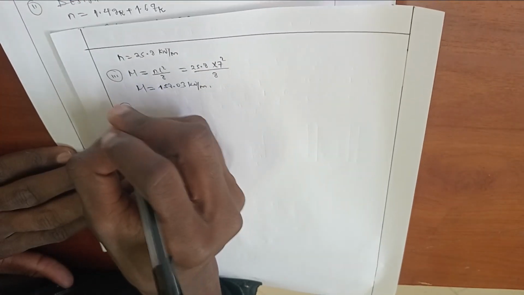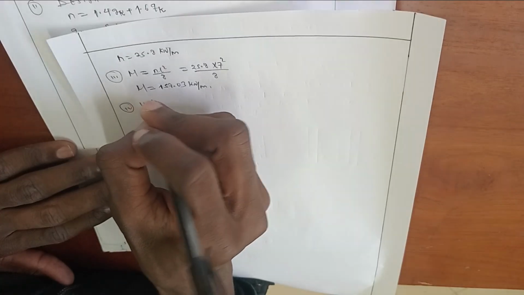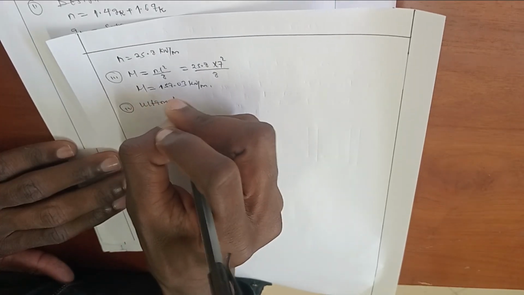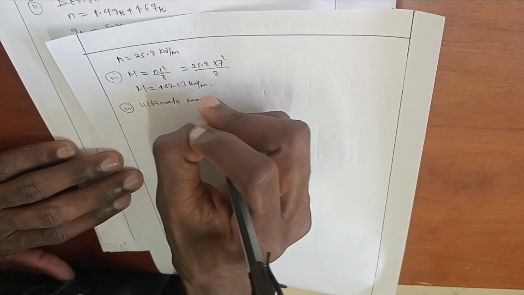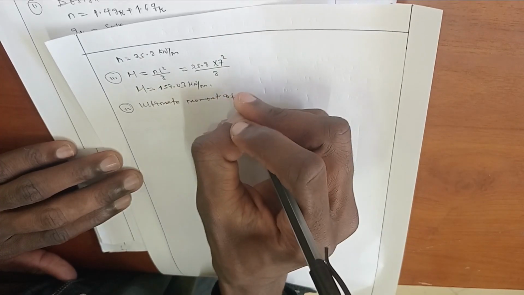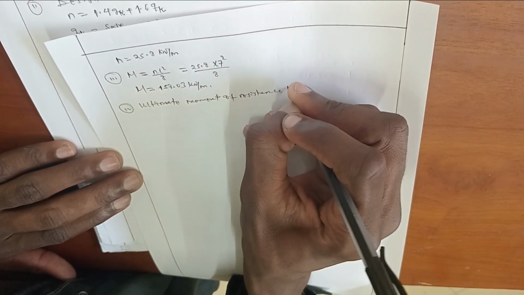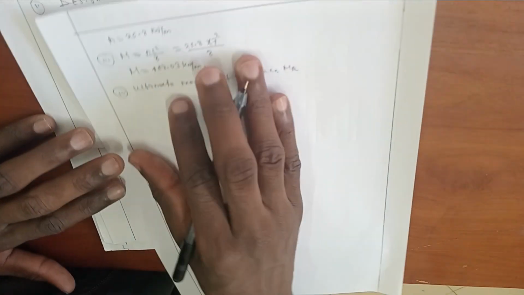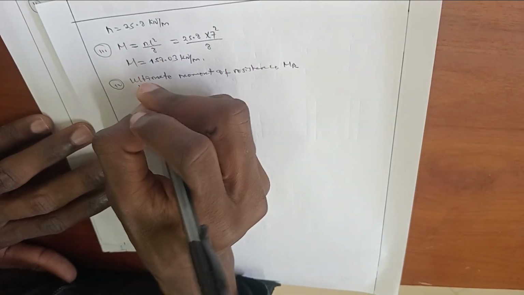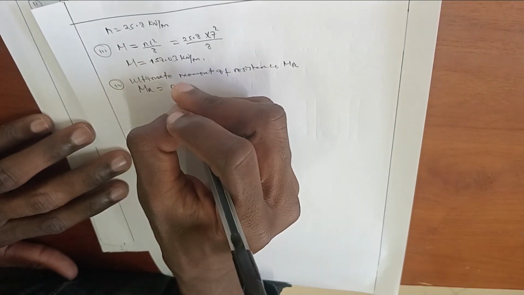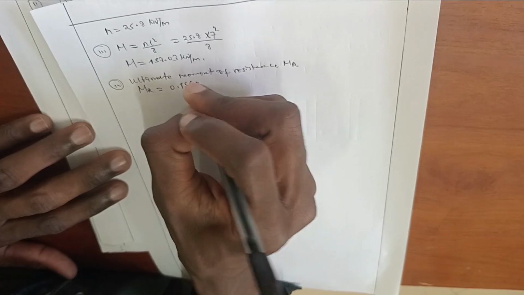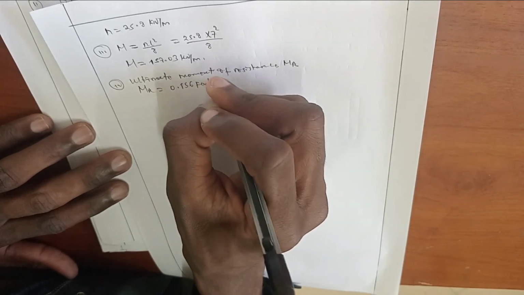The next step is to determine the ultimate moment of resistance. Ultimate moment of resistance, M_u, is given by 0.156 fcu b d square.